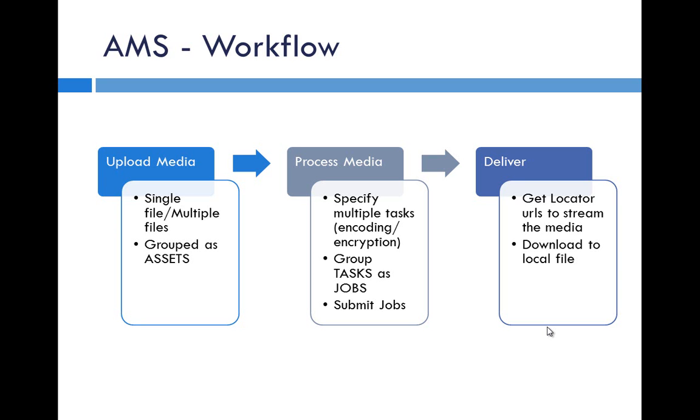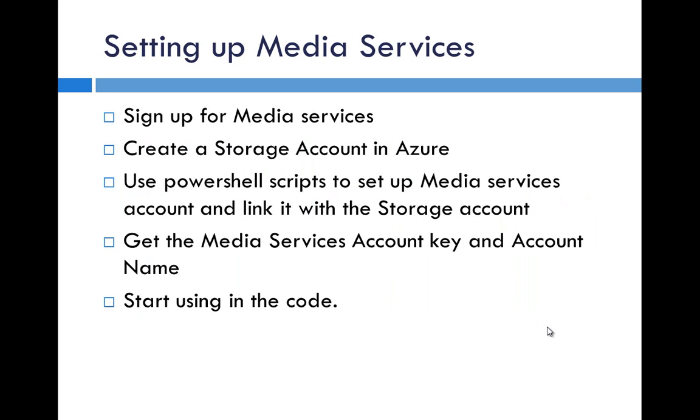There are a set of jobs that are already available, and the documentation clearly specifies the preset strings that you have to give to the job creation API so that it does the appropriate job. Then finally the delivery part of it. Once you process the media, you get a reference to the locator or the URL of the media that needs to be streamed or downloaded, and that can be used for further purposes.